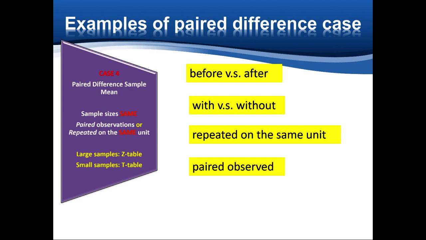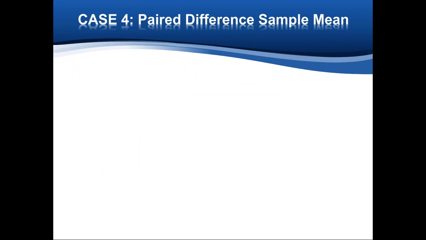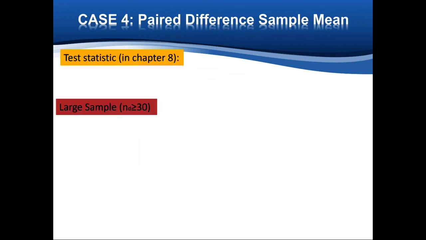Or when you observe by pair, then we can only consider the difference. The formula for the paired difference will be the same as in Chapter 8. If sample size of the difference is bigger or equal to 30, it will be a z-score.